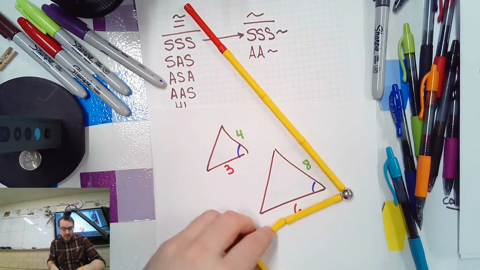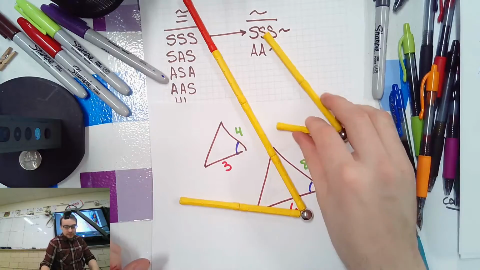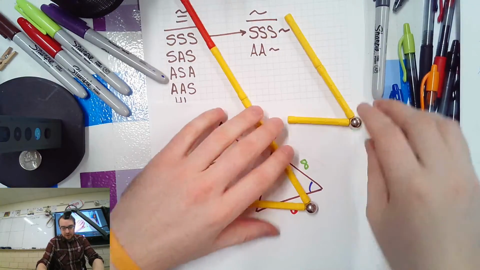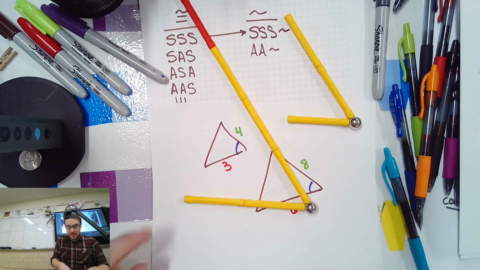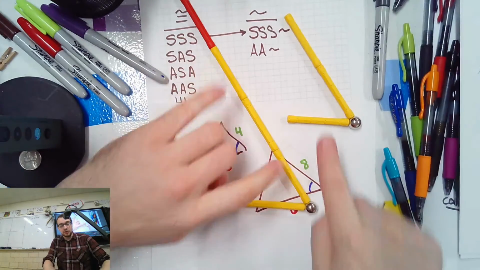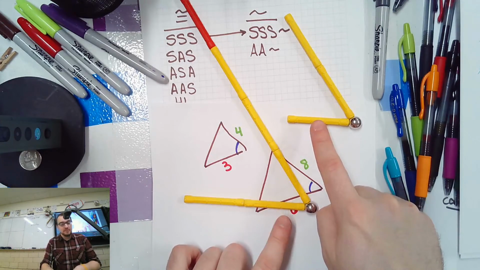With proportional sides and the same angle. So this angle and this angle are the same. I've squeezed them together as much as I possibly can. The sides are proportional because we've got 2 to 1 and 4 to 2, right? So I have proportional sides, and then I have an angle in between them that's the same.